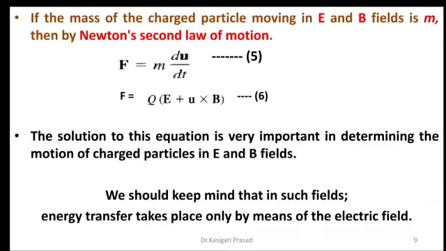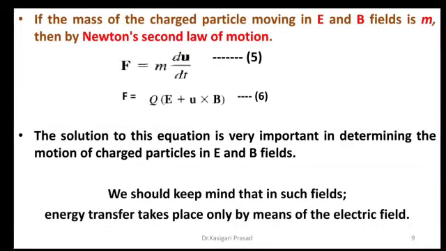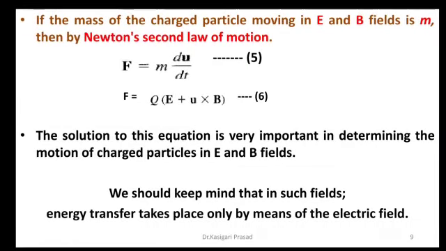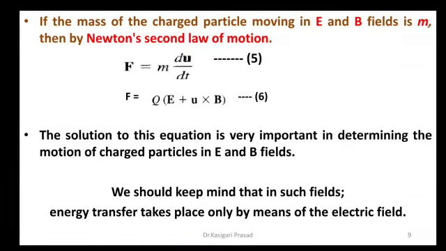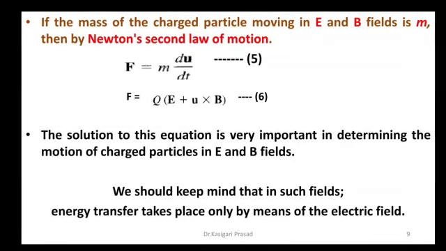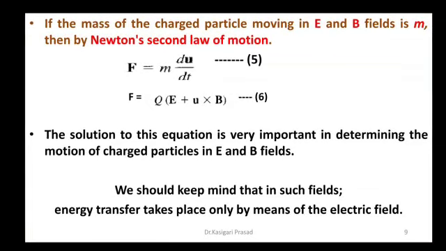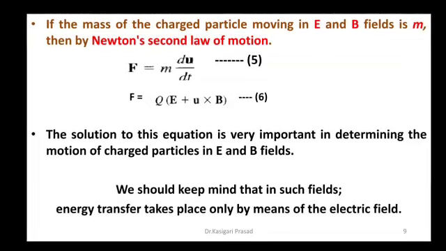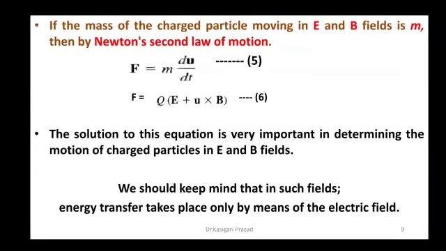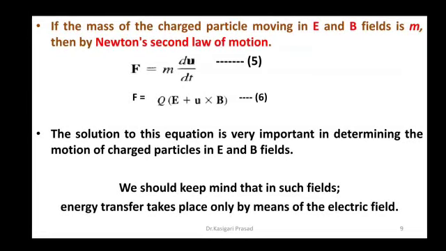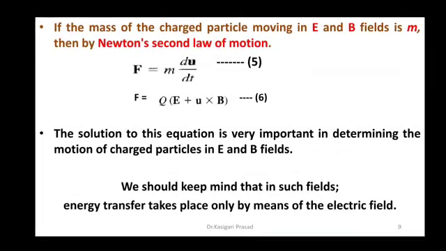If the mass of the charged particle moving in electric field E and magnetic field B is m, then according to Newton's second law of motion, F = ma. That means F = m du/dt. Therefore, we already know the equation, F = Q(E + u cross B). That is the sixth equation.